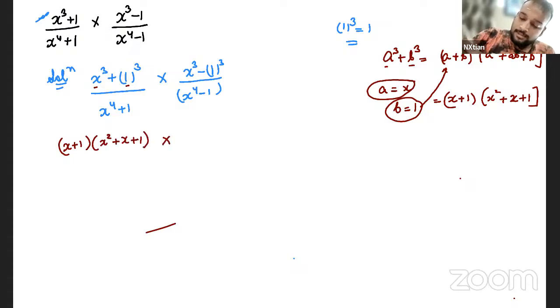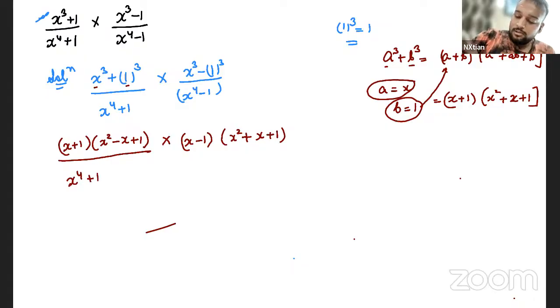And this will also become x minus 1 into x square plus x plus 1. Can anybody ask me why I wrote this? Joshua? Because the identity of a cube plus b cube is a plus b, a square minus ab plus b square.